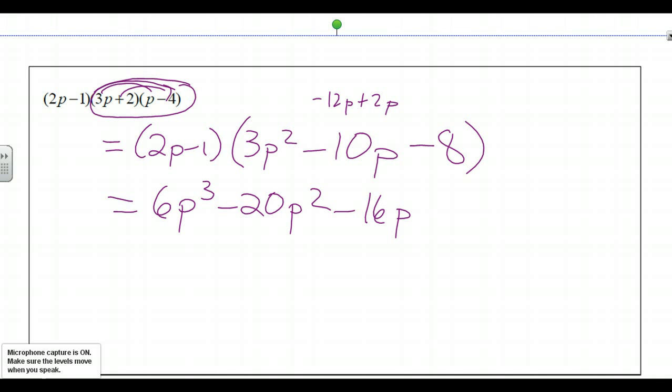I'm out of junior high now. That's how I do it, right? I just say minus 12p plus 2p is minus 10p. Okay, but it's okay to write out the 4 and then collect it down into 3, right? Minus 16p minus 3p squared plus 10p plus 8.